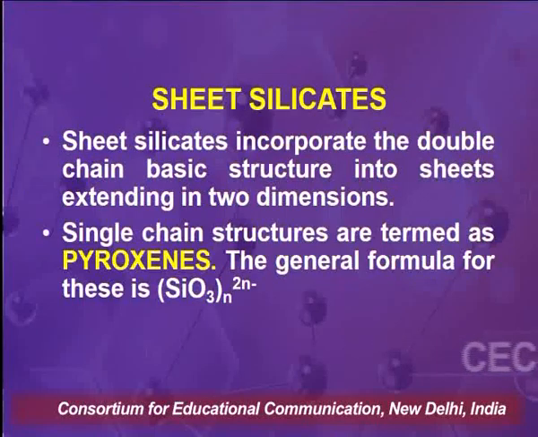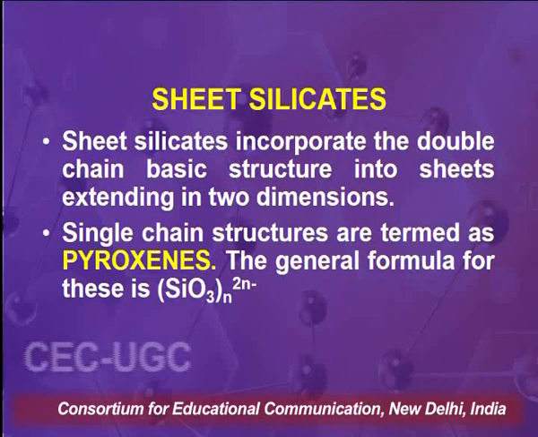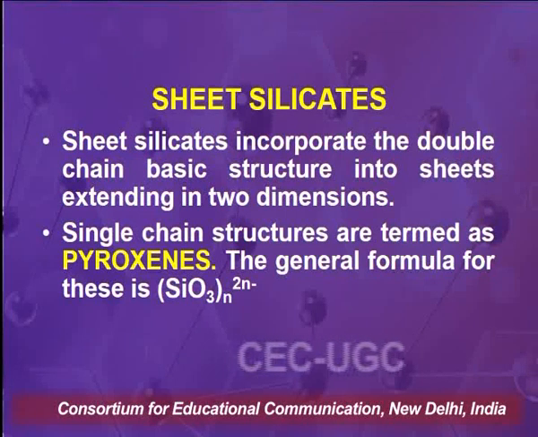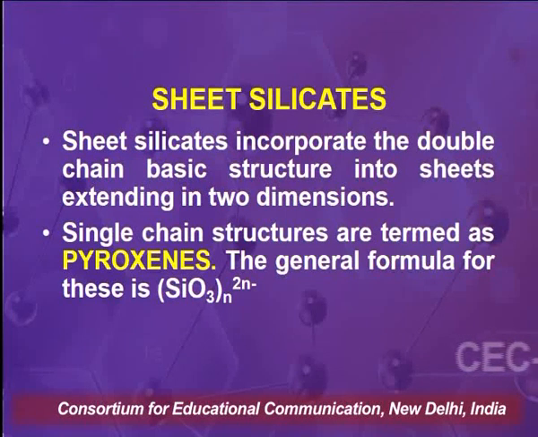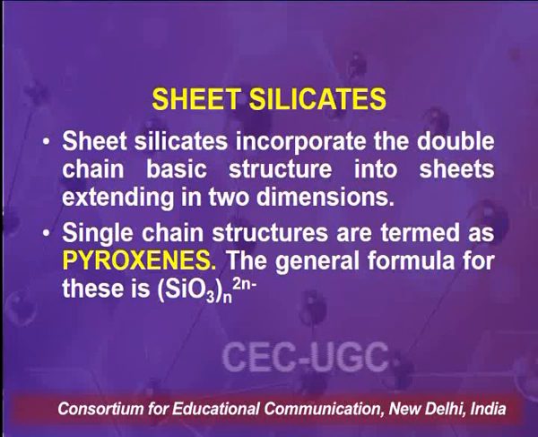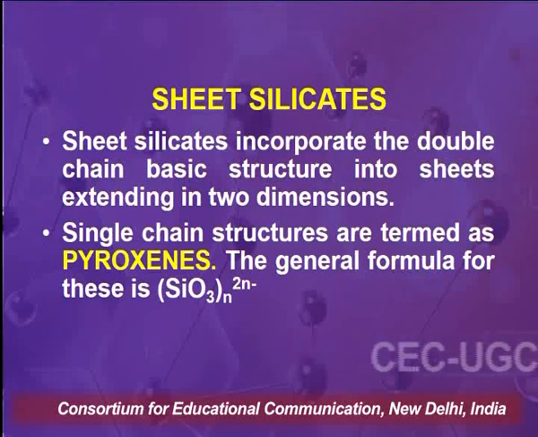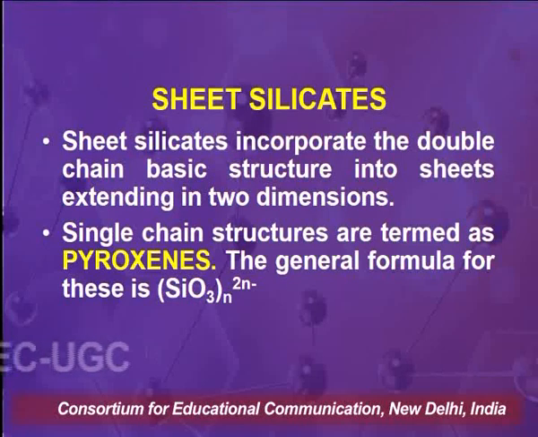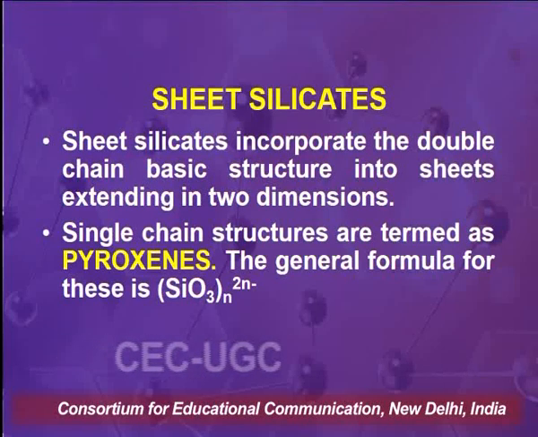Coming to sheet silicates, another type of silicates or polymers which exist. These are all inorganic polymers, as we are discussing. Sheet silicates incorporate the double chain basic structure into sheets extending in two dimensions. Single chain structures are termed pyroxenes.